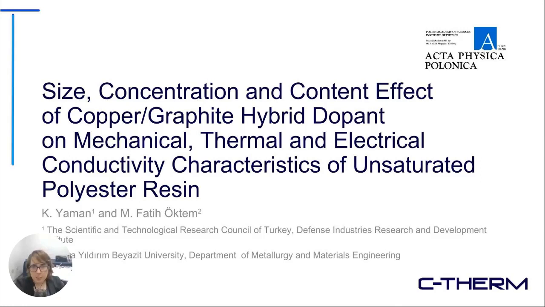The next set of application data is called Size, Concentration, and Content Effect of Copper Graphite Hybrid Dopant on Mechanical, Thermal and Electrical Conductivity Characteristics of Unsaturated Polymer Resin. So this was published in Acta Physica Polonica.